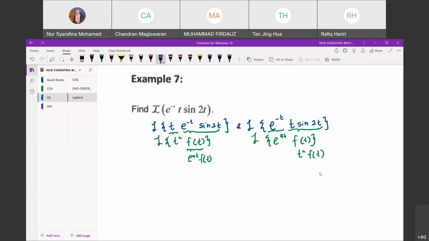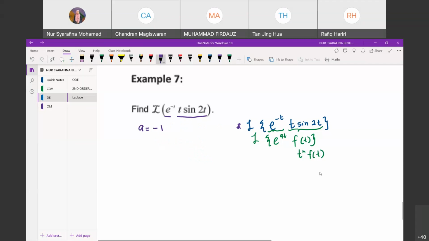As you can see from the question, since this is e^(at), this is f(t), you know that A equals, what is your A? Yes, A equals minus 1. And f(t) equals t sine 2t.